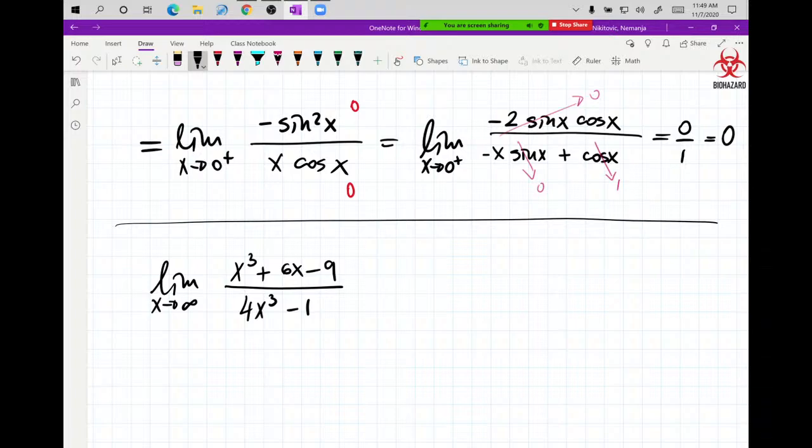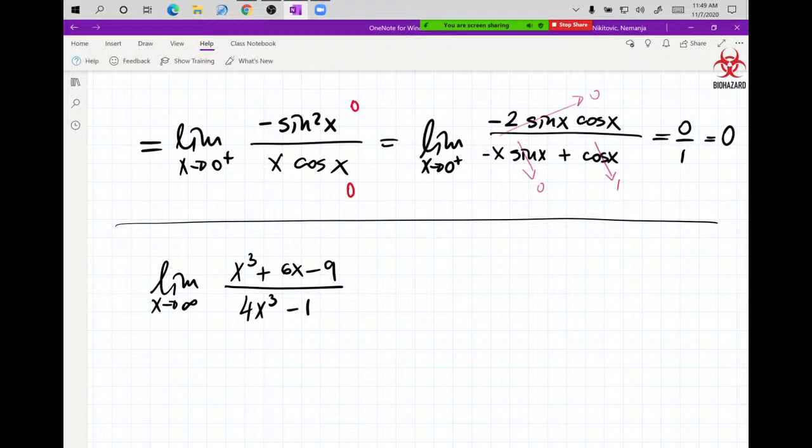In this case, your job was to divide everywhere by x cubed, and then you take a look at the values and so on. Well, that's all good, we can still use that method. But if you plug in infinity, you will get infinity over infinity, which means we can also solve this problem using L'Hopital's rule.